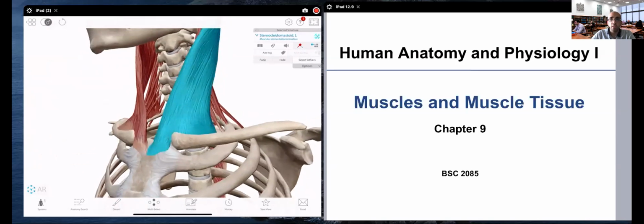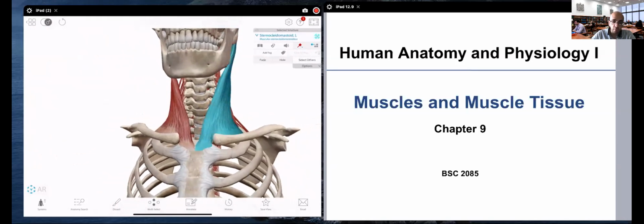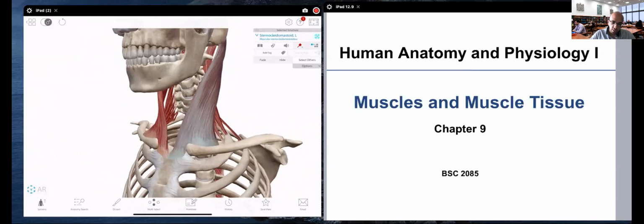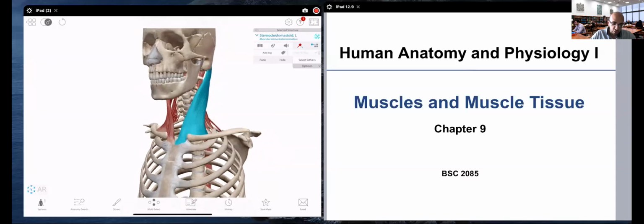And if you remember, the action of the muscle is going to be determined according to whether you're contracting one muscle at a time or you're contracting both sides at the same time. If I'm contracting each muscle by itself, this allows the head rotation from side to side. And if I'm contracting both sides at the same time, this allows me to pull my head down, allowing neck flexion.